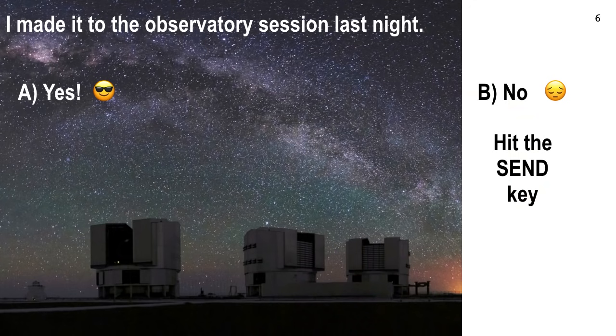I just want to count, that's all. If you type yes, good. You'll get correct for both of those. Don't type the word no. Type in the letter B. You have to hit the send button as well.